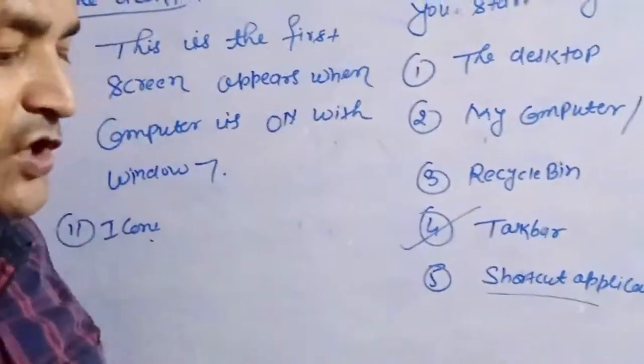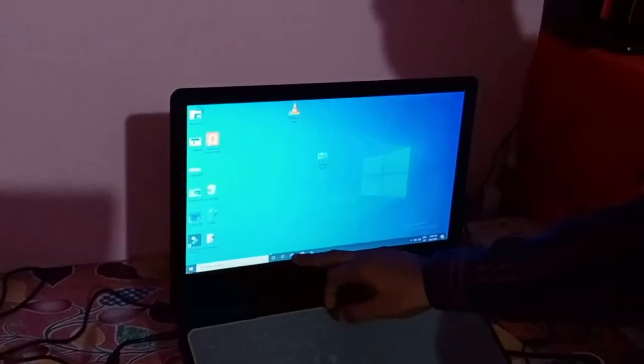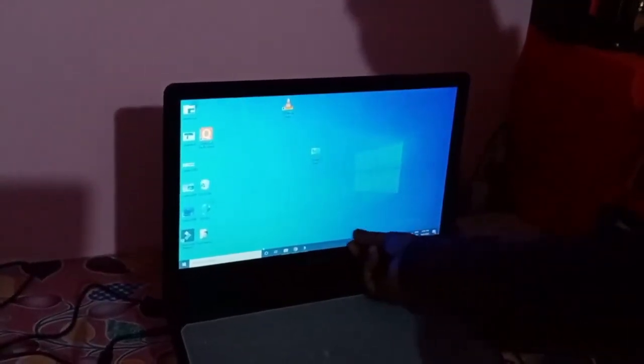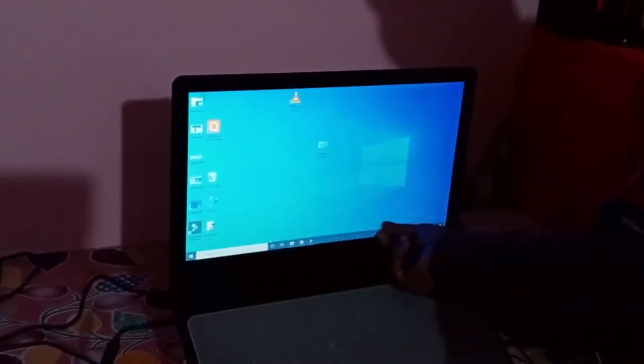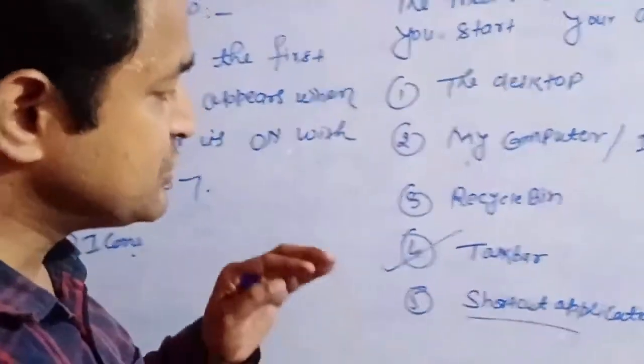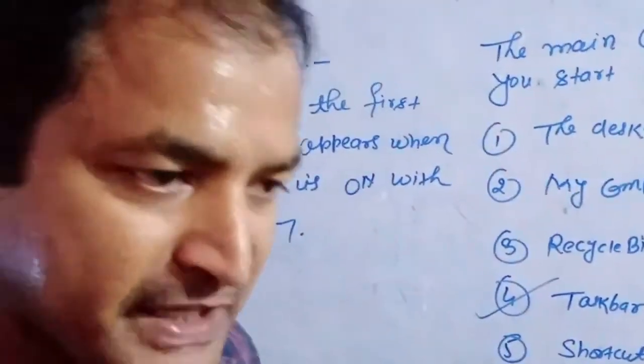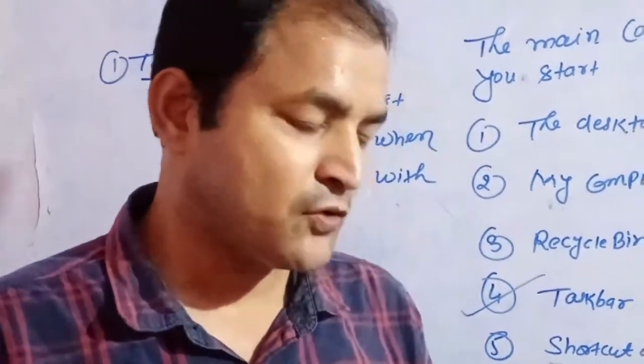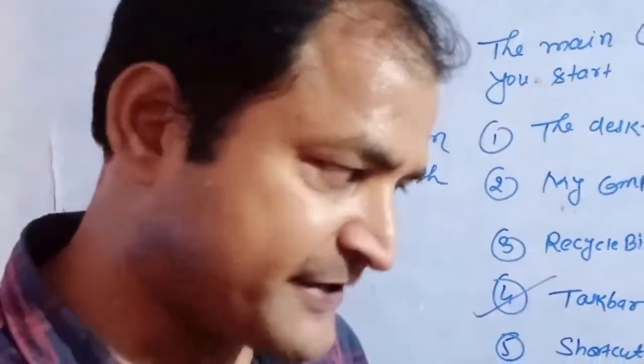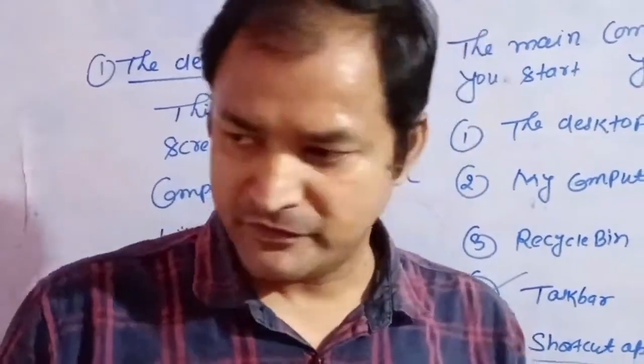Taskbar. Taskbar is at the bottom of the desktop. This bottom place is related to the taskbar. It is used to manage multiple programs and open different windows. This is the taskbar.